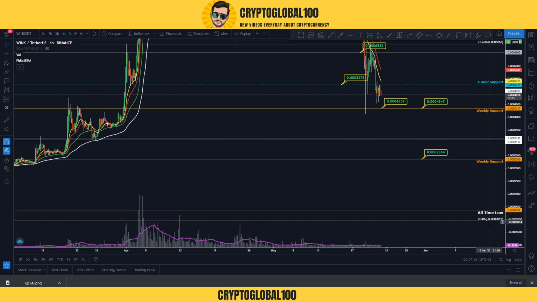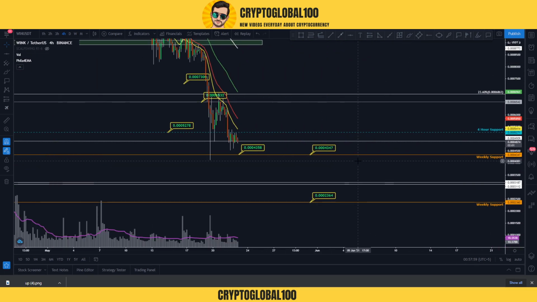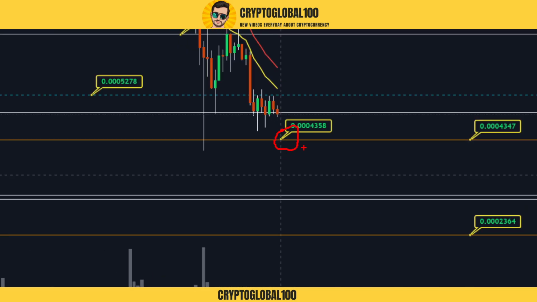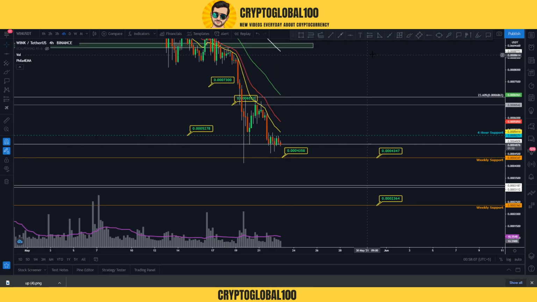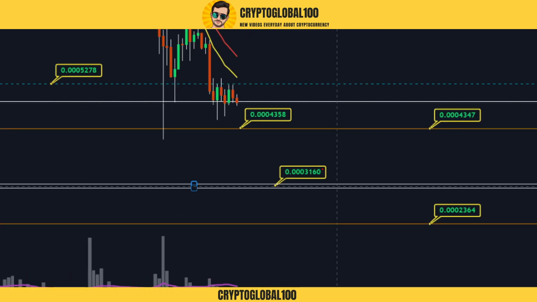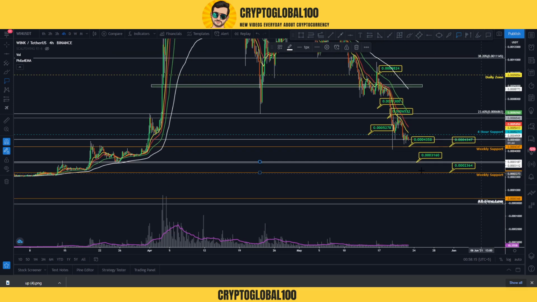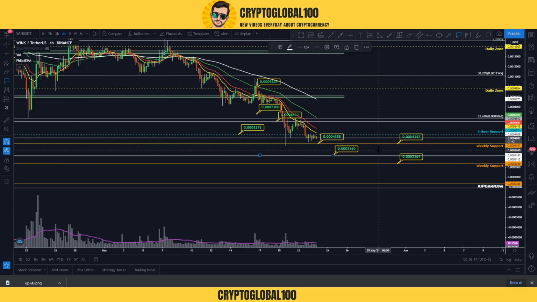If we move up a bit and this level gets broken, then we might see some retest at this area, which would be somewhere in between 31,000. So be ready for that. We eventually are going to break this down pattern.